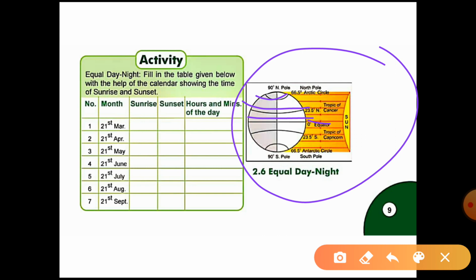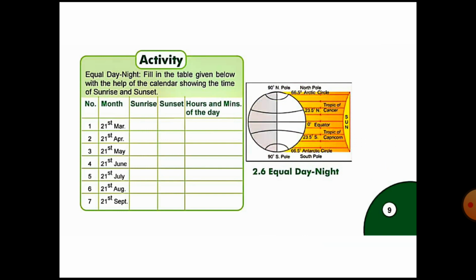While we move from the equator to the southern side, there is the Tropic of Capricorn at 23.5 degrees south, and the Antarctic Circle at 66.5 degrees south, and at last here the North Pole and here the South Pole.